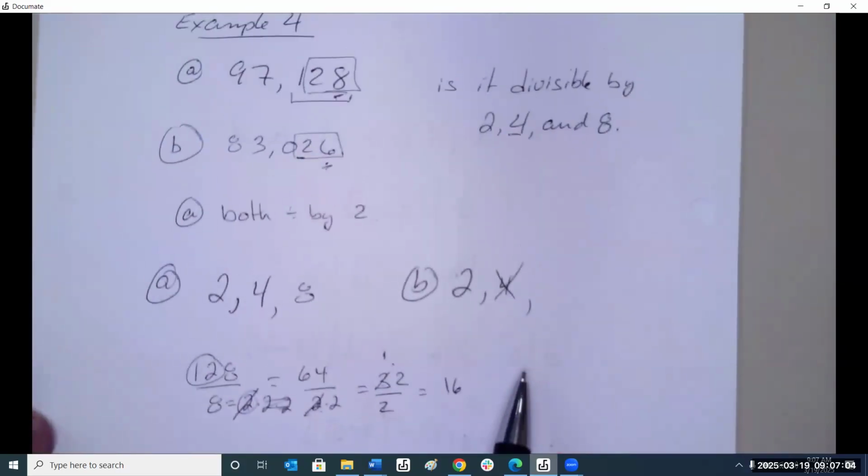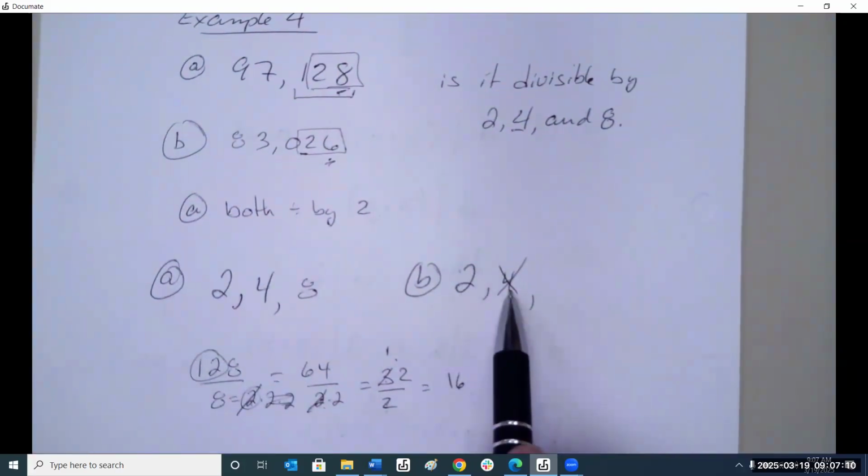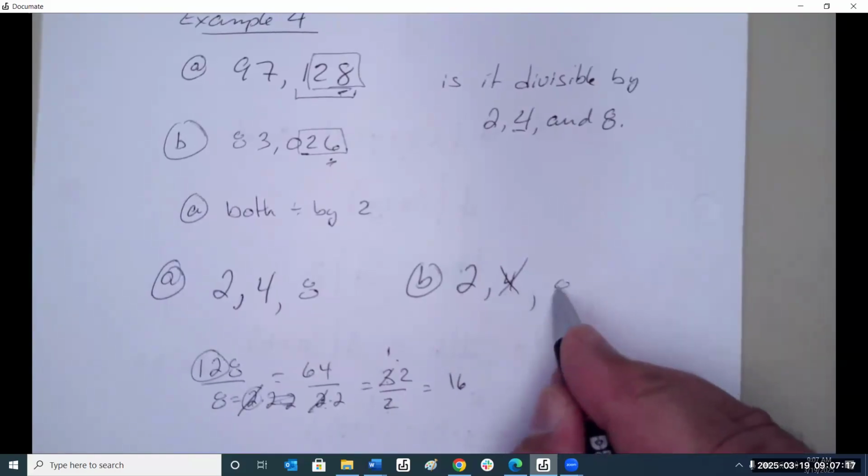How about B? Is this number divisible by 8? Well, think about it. 2 times 4 is what? So if it's not divisible by 4, therefore it's not divisible by 8.